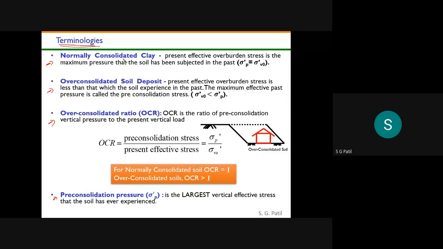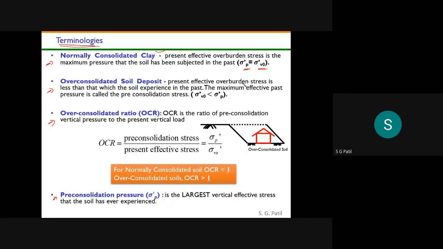Normally consolidated clay means the present effective overburden stress is the maximum pressure that the soil has been subjected to in the past. That means my pre-consolidation stress is equal to the present vertical stress. That kind of soil is called normally consolidated soil or clay. And what do you mean by over consolidated soil?